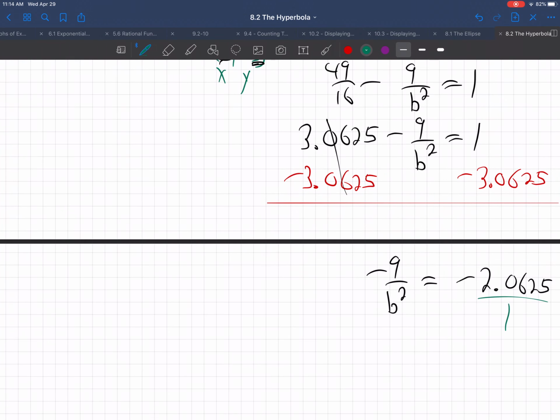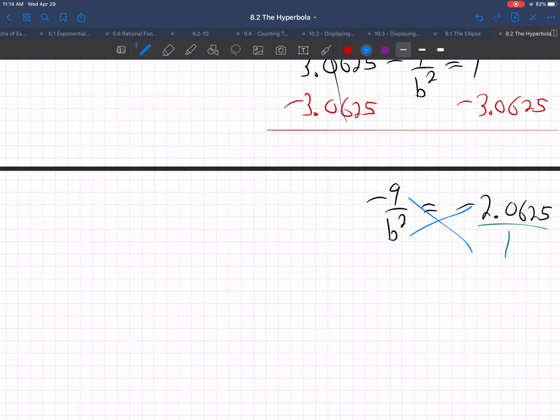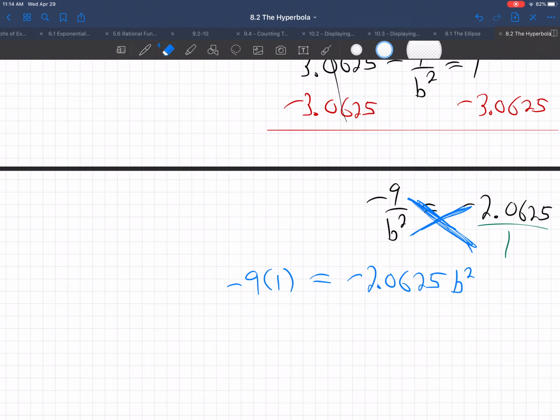You put it over 1. Remember this? And then you go diagonal, diagonal. Whenever we have fractions that are equal, we cross multiply. So we get negative 9 times 1, that's these two multiplying, equals, now these two, negative 2.0625 b squared. Make sure you don't lose that negative there. There's a negative on that.